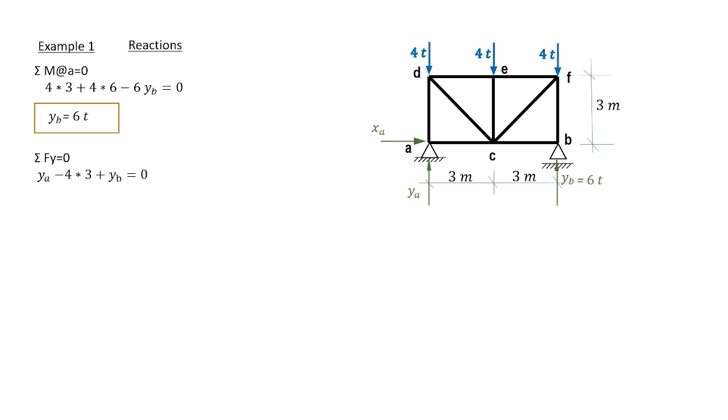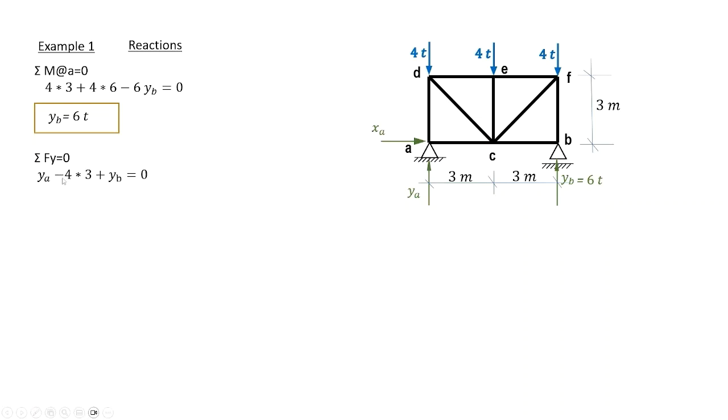Sigma forces in the Y direction equals 0. We simply add all vertical forces. YA and YB are heading upwards, and therefore they have the same sign, assumed to be positive, and 3 forces each of 4 tons heading in the opposite direction take a negative sign.